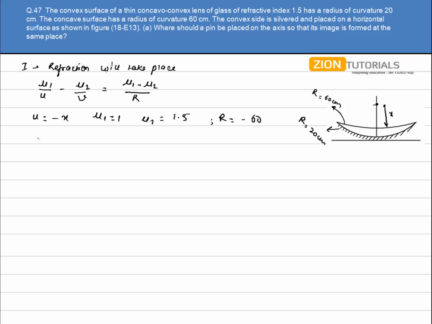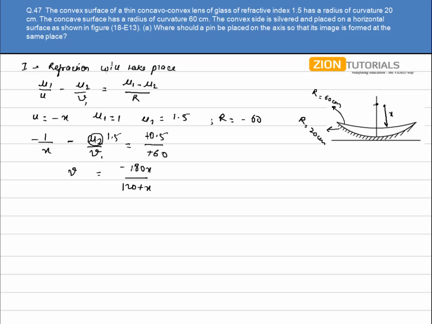So substituted, I have mu1 as 1 by minus x, minus mu2 by v1 is equal to mu1 minus mu2, that is minus 0.5 by minus 60. So the value of mu2 is again 1.5. I should substitute over here. So on solving this, I get the value of v as minus 180x by 120 plus x.